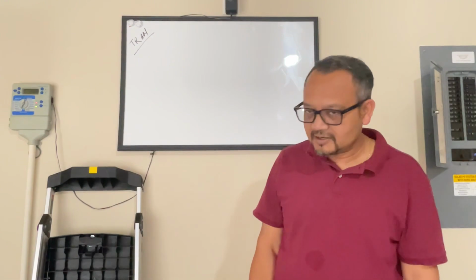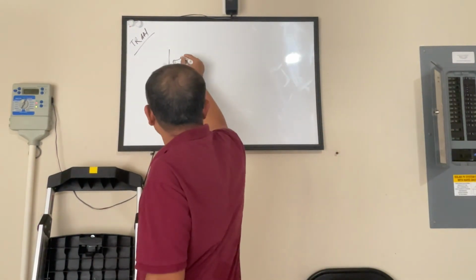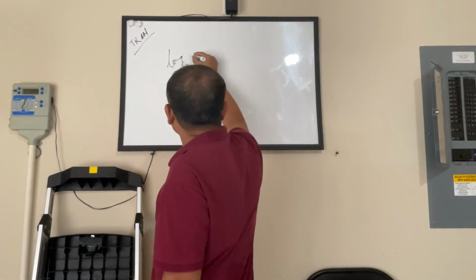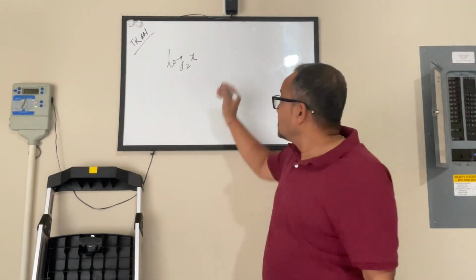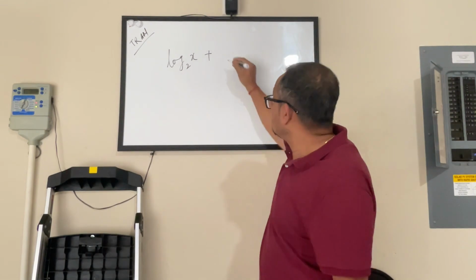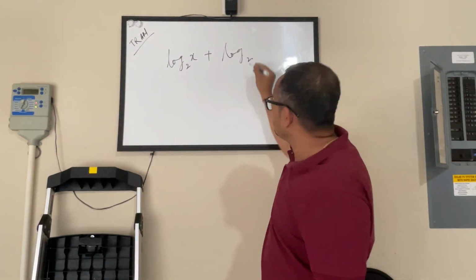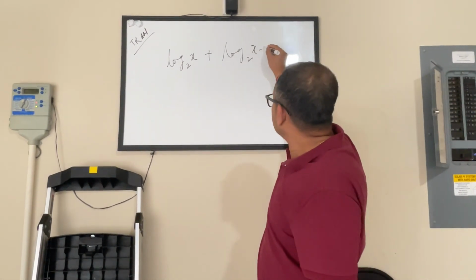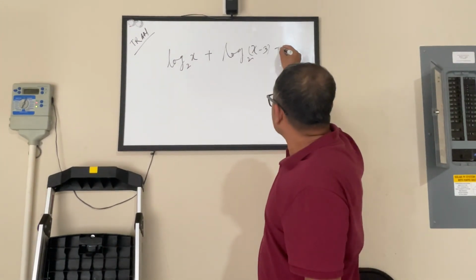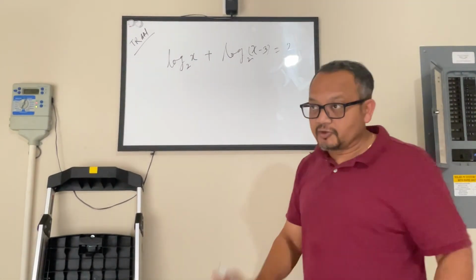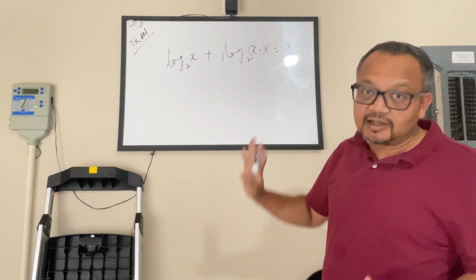Okay, so log base 2 of x plus log base 2 of x minus 3 equals 2. This is an easy problem.